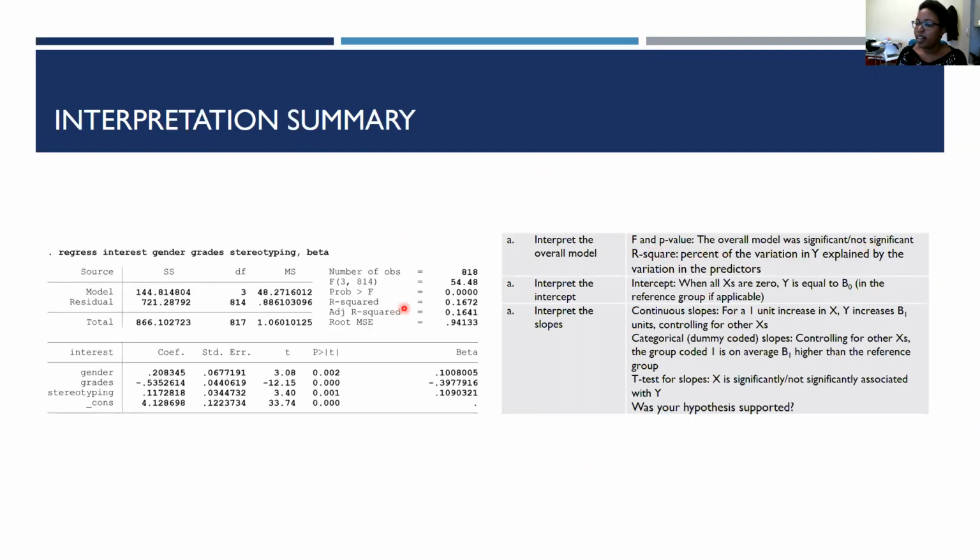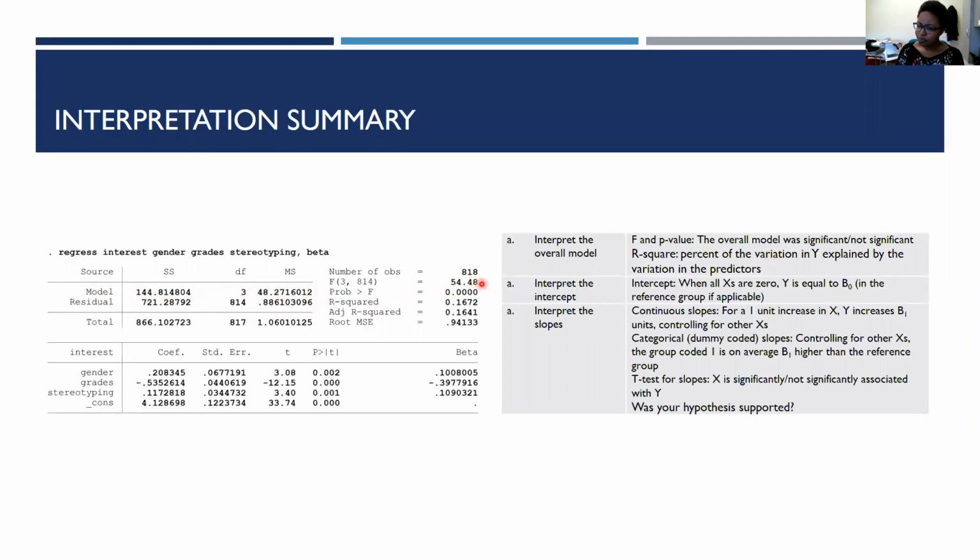So we look at that F value. Remember, the F is the ratio of the mean square regression to the mean square error. And notice in Stata, our mean square regression is the mean square model, and our mean square error is the residual, like in SPSS. So this F value is going to be this divided by this. So we get a 54.48.